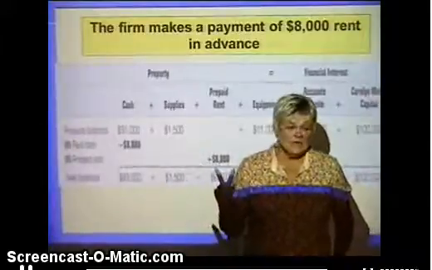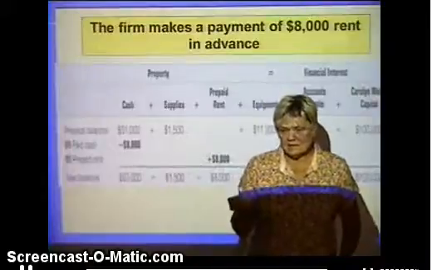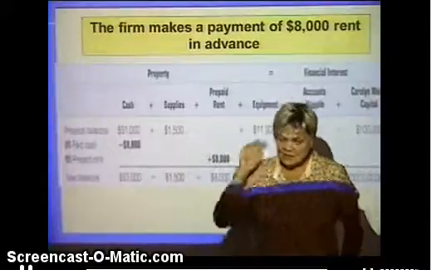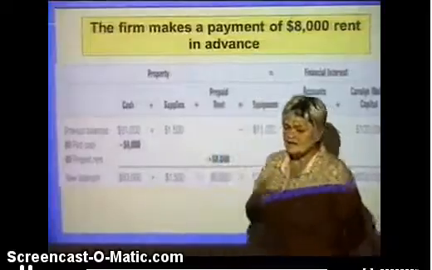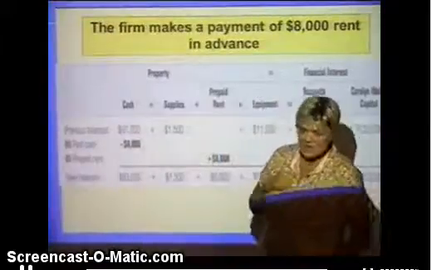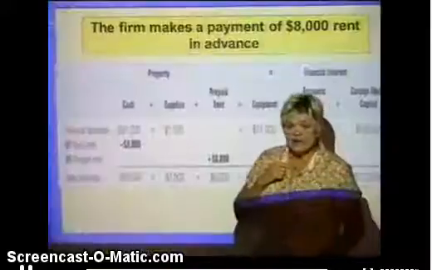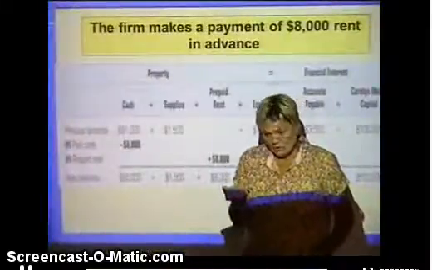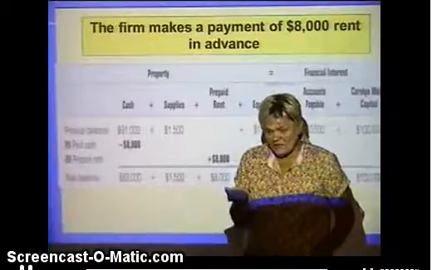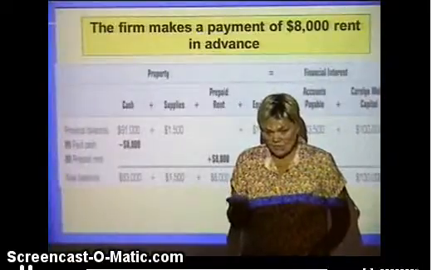So what does that make that? A prepaid account. And what kind of account is that to the business? It's an asset. Good. It's an asset to us because we own rent we haven't used up, just like the supplies are an asset to us because we bought the supplies and hadn't used them up.